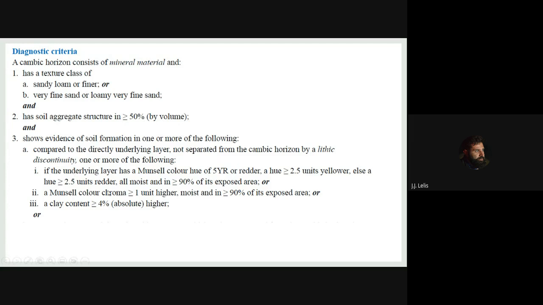It should possess a chroma that's equal or higher by 1 unit compared with the underlying layer, and a clay content that's equal or higher by 4% compared with this underlying layer, okay? So it should possess a higher clay content than the C horizon or the CR horizon.